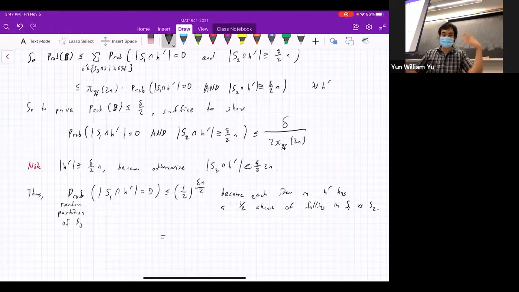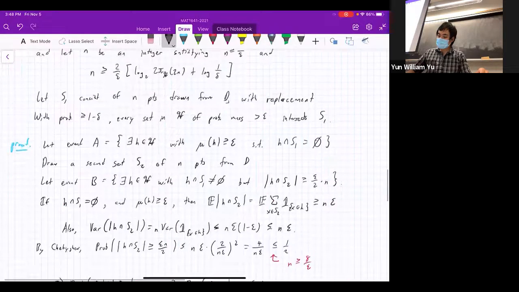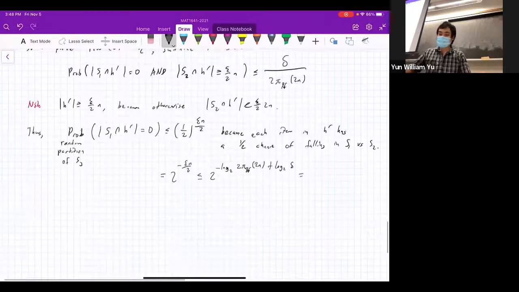So, it does matter, but not especially. So this is just 2 to the minus epsilon n over 2, which is less than or equal to 2 to the minus log 2 of 2 pi sub h of 2n plus log 2 of delta. Did I set that up correctly? Yes, I did. And when you plug stuff in, this ends up giving you delta over 2 pi h of 2n, which completes the proof.